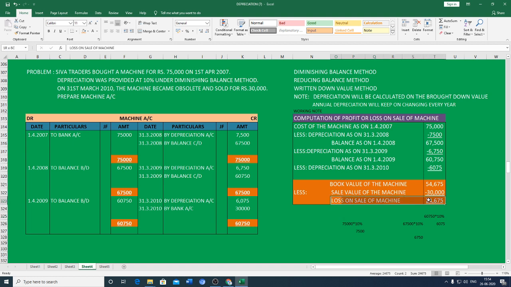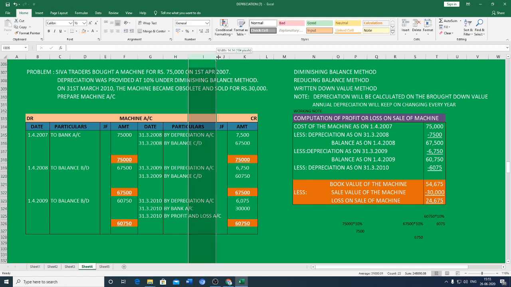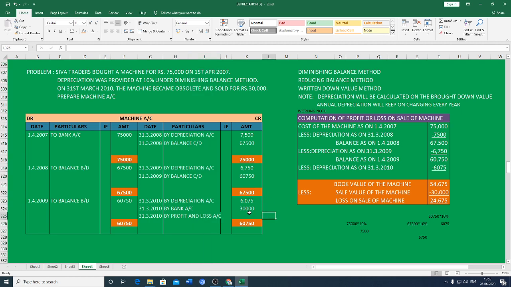Now in this particular problem we got loss, so that loss should be transferred to profit and loss account, 31st March 2010, by profit and loss account. Understood everyone? Very easy. So the loss is 24,675. That's it. Look at this, how easy it is to understand accounts.